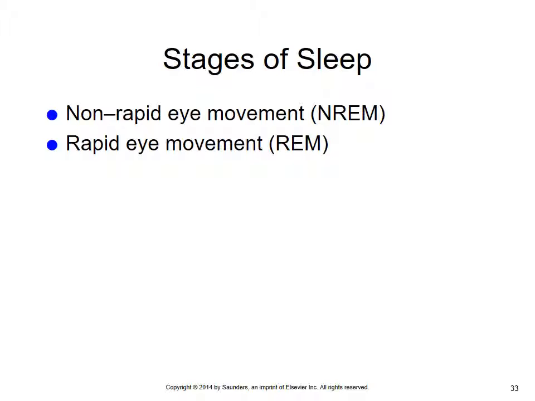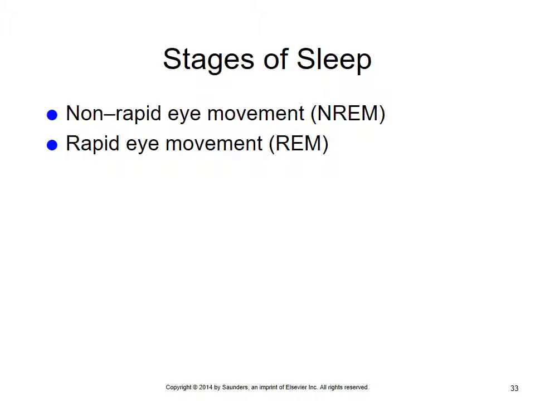Let's talk about the stages of sleep. Although we may not know the exact cause of sleep, we know that it's essential to our well-being. And here we'll address non-REM, or non-rapid eye movement sleep, and REM, or rapid eye movement sleep.